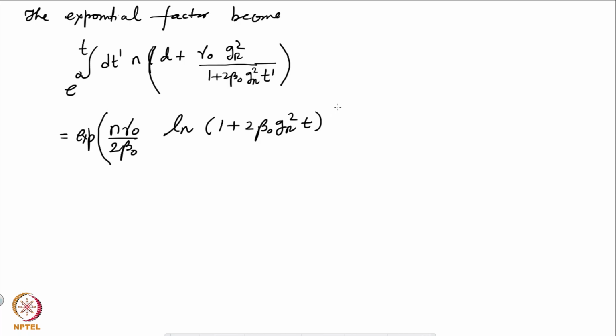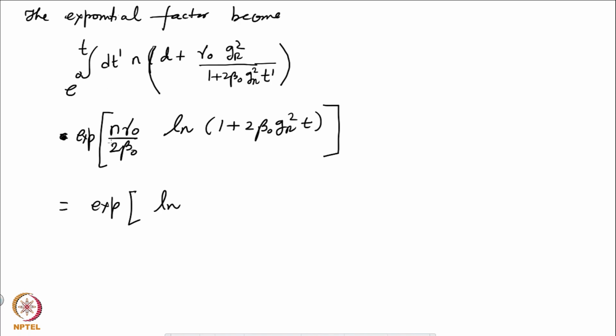It is e to the this thing, which is the same as exponential of log of, okay, sorry, this is not correct. This is only this part.